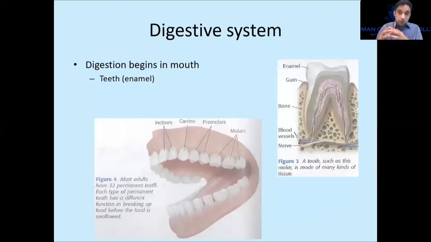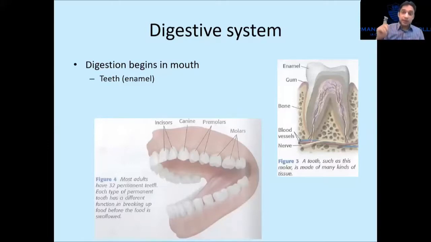And it's not only mechanically digesting the food, but the enzyme called amylase present in the saliva is chemically converting the carbohydrate into simpler ones as well. So a lot of things are going on in the mouth.